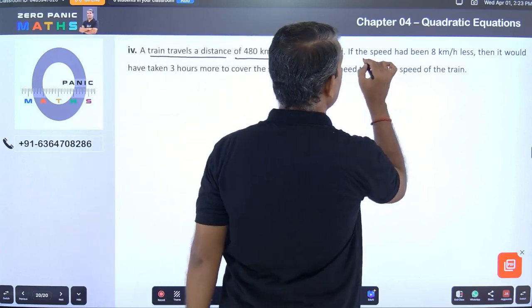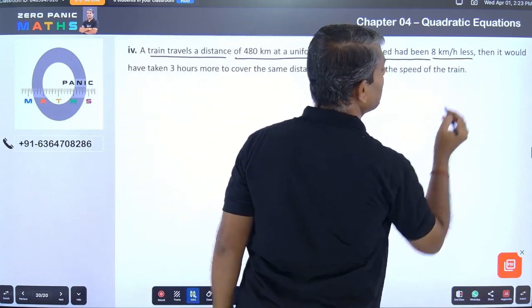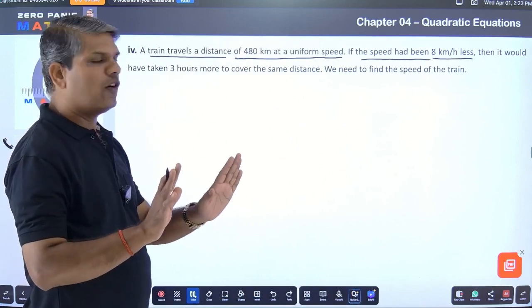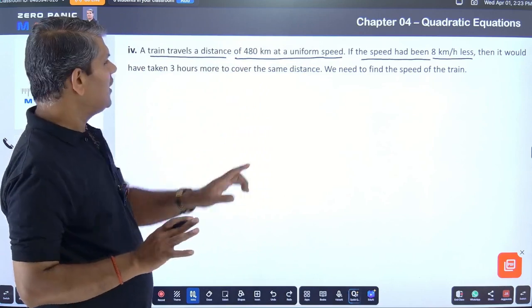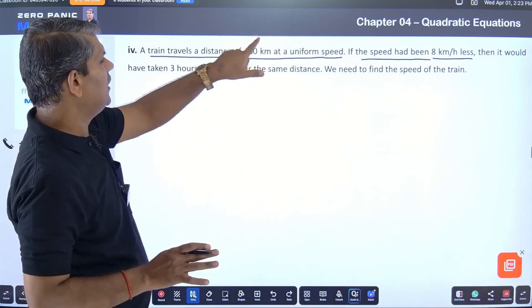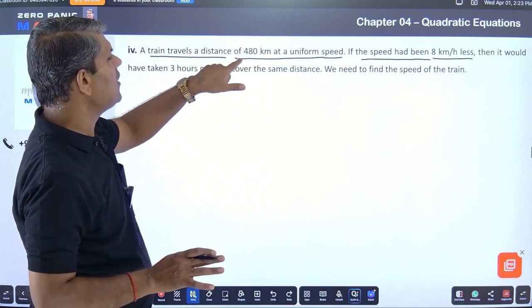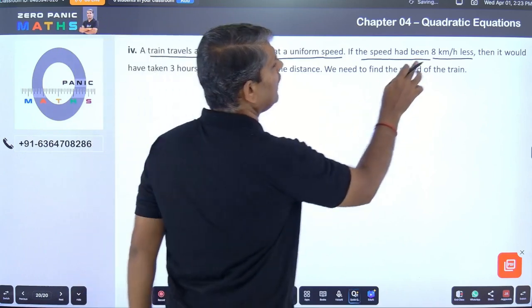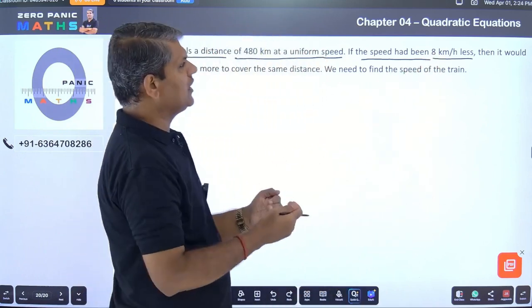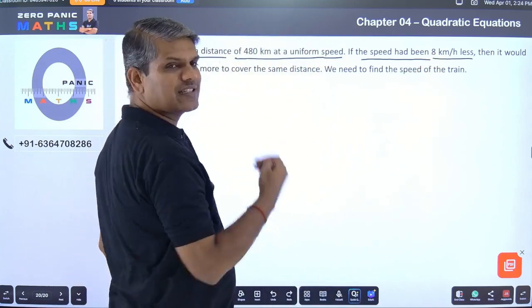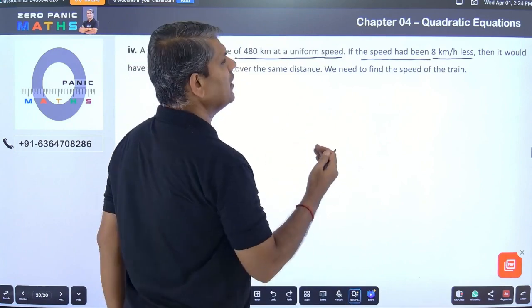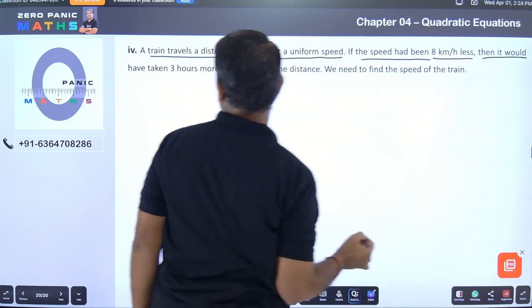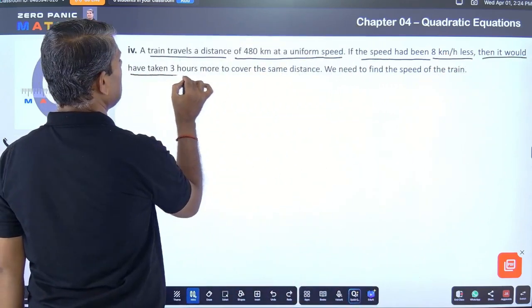If the speed had been 8 kilometers per hour less, x minus 8, then it would have taken 3 hours more.